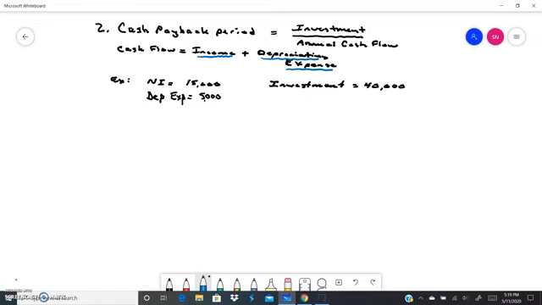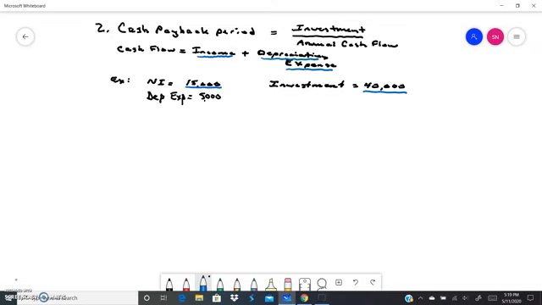So the quick way to get that would be to take the operating or net income and just simply add back the depreciation expense. So as an example, let's say we had an investment of $40,000. Each year we'd have annual net income of $15,000, and in arriving at the $15,000 we had depreciation expense of $5,000.